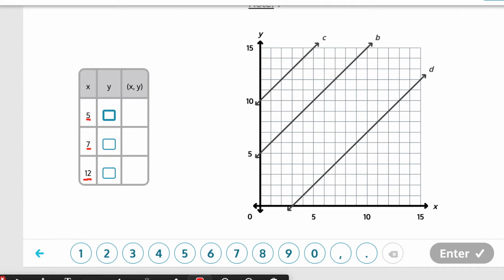All right, let me go over this. So when the x coordinate is 5, I'm going to go up to line D and see what the y coordinate would be. So that would be 2. When the x coordinate is 7, I'm going to go up to line D and try to find the y coordinate, and that would be 4.